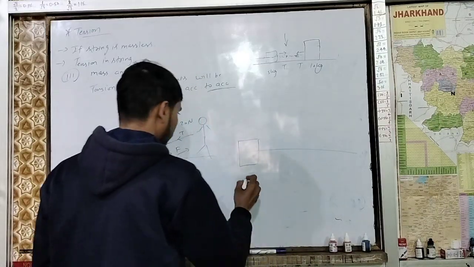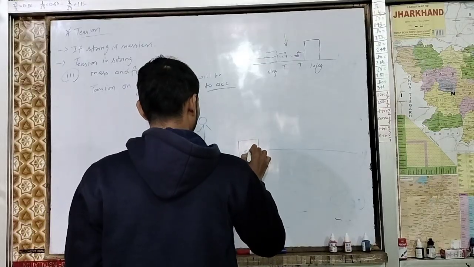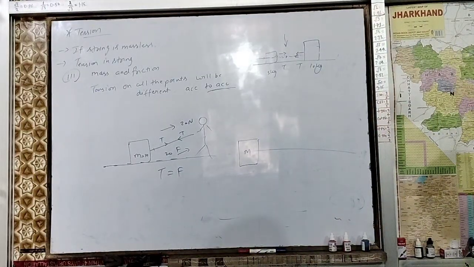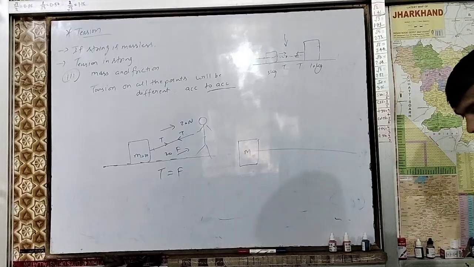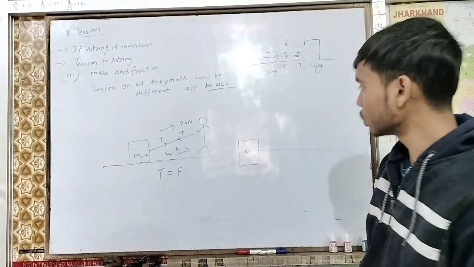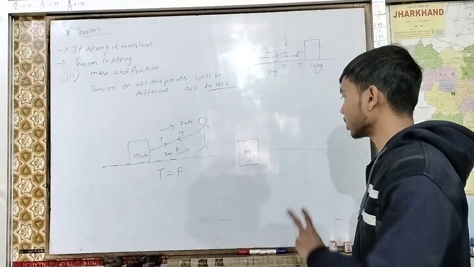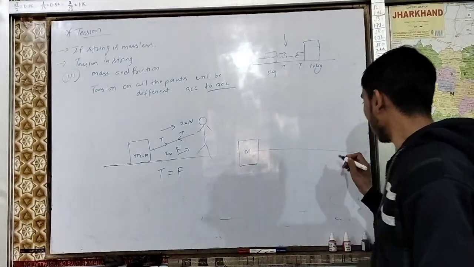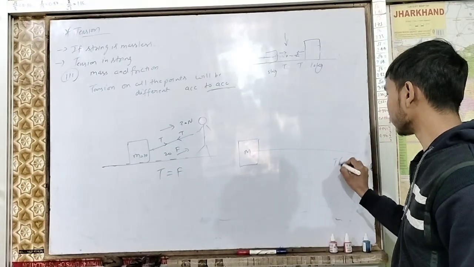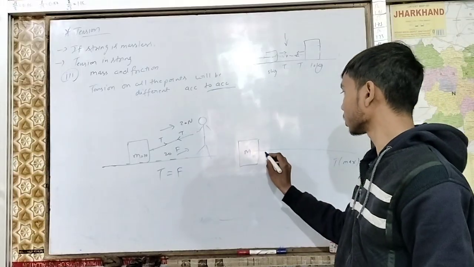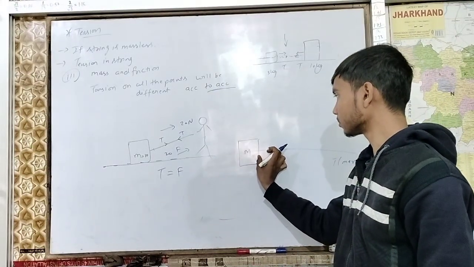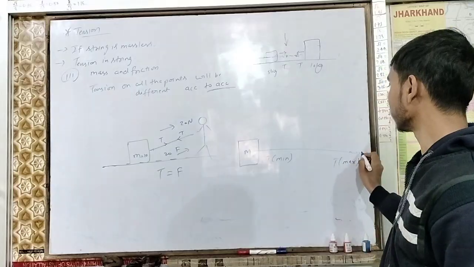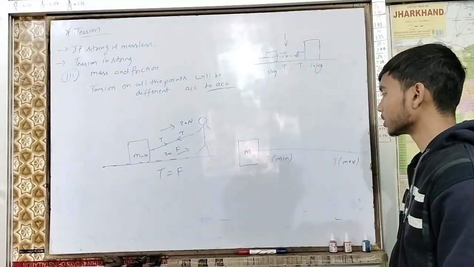Remember, if there is no contact of any other object with this object, in that case over here our tension will be maximum, and at this starting point it will be minimum, and at the end the tension will be maximum. This is what I mean.